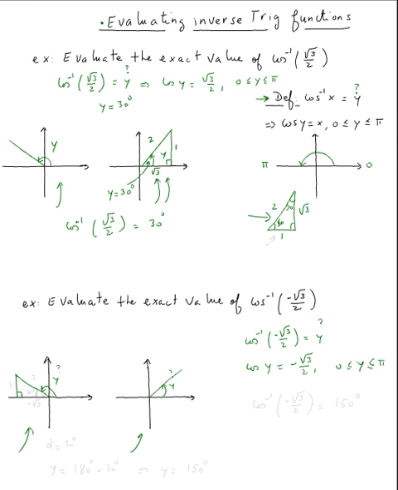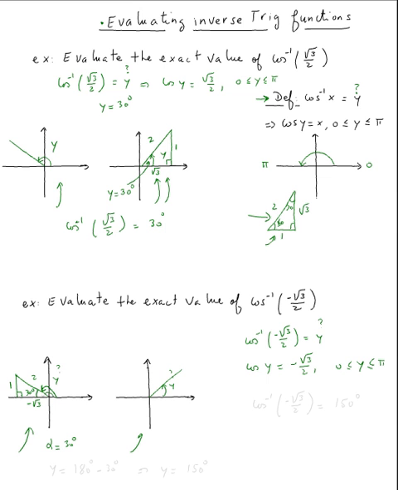Now cosine of y is equal to negative square root of 3 over 2, means this is negative square root of 3, this is 2. Again, by looking at these triangles, this is going to be 1, and we know this is 30 degrees, right? Alpha, remember alpha, the reference angle is 30 degrees. But we're looking for y from here to here.